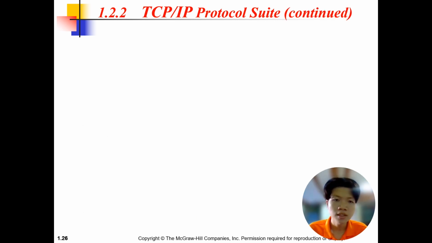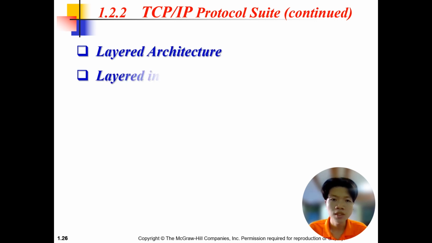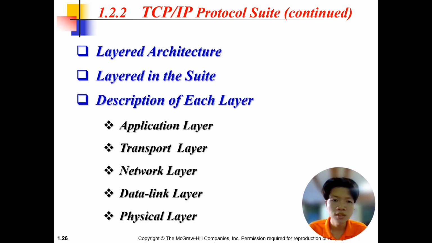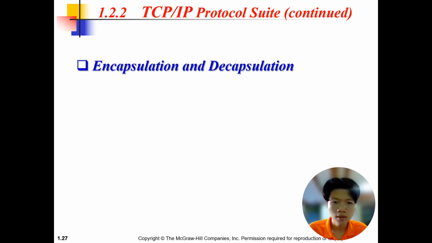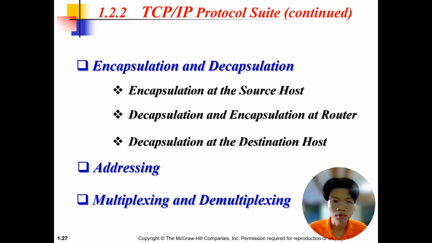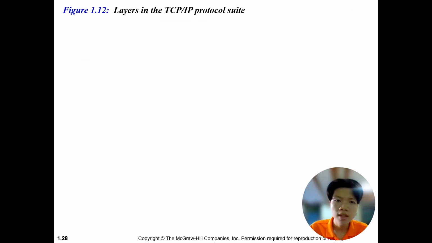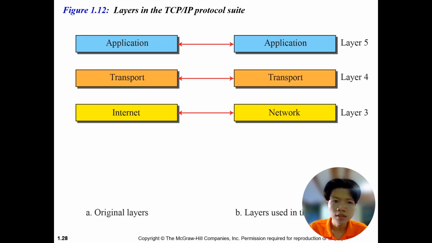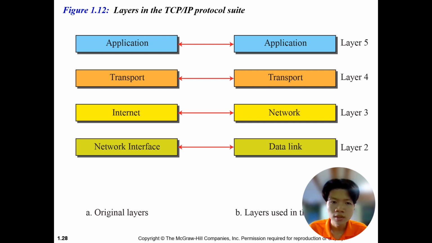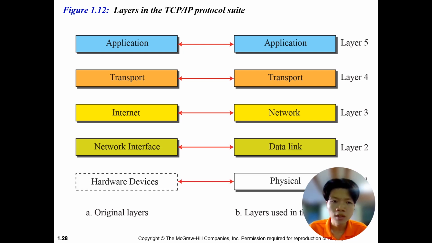Here are all the topics that we will talk about in the TCP/IP protocol suite. These are the layers in the TCP/IP protocol suite: application, transport, internet, network interface, and physical layer.